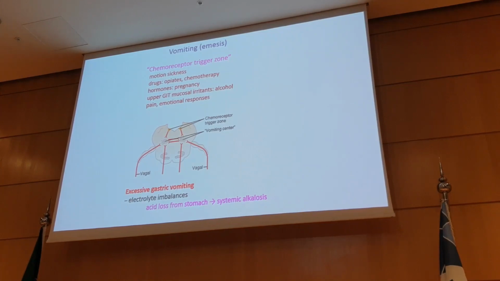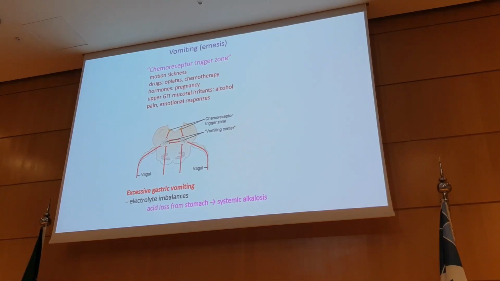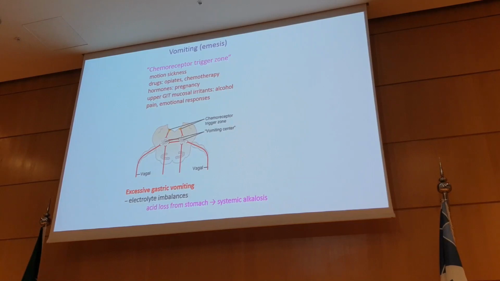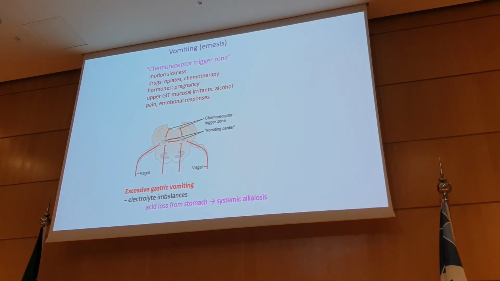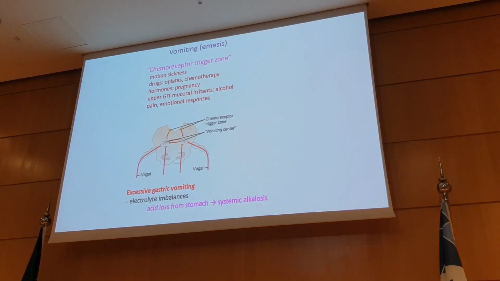That's why on a plane, you've been on airplanes, right? They have a little bag for you. Some people it can happen to. All right, and it activates the chemoreceptor trigger zone. Opiates do the same thing. Opiates will activate the zone, like apomorphine or something else like that.